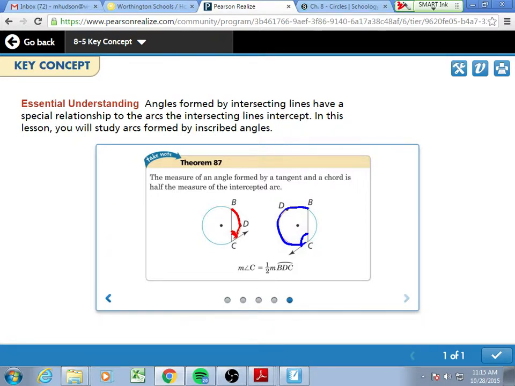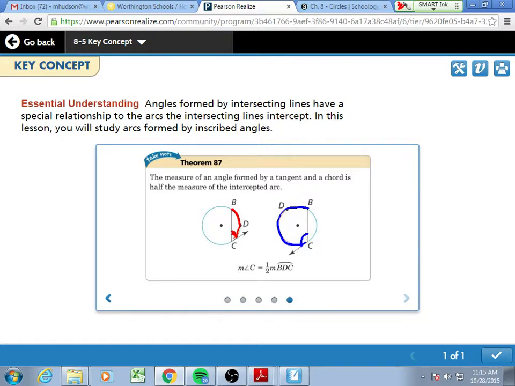Either angle C there, whether we look at the left circle or the right circle, will be half the measure of the arc BDC. So whether it's the small arc or the big arc, it all depends on what direction that tangent line is going. So the measure of an angle formed by a tangent and a chord.